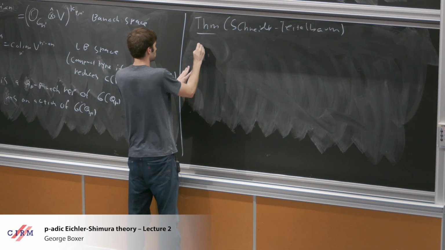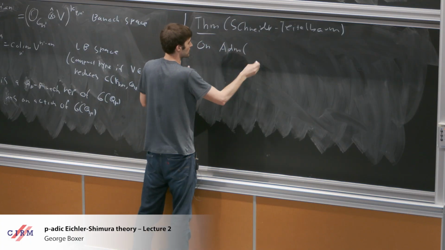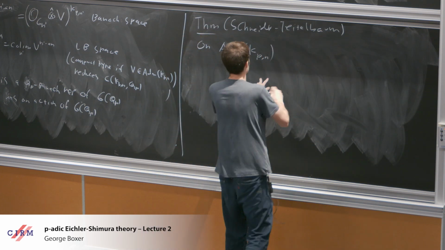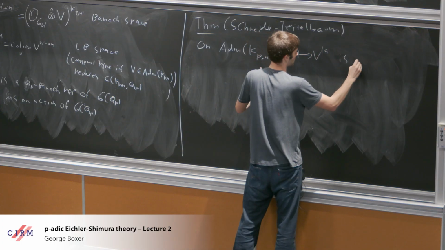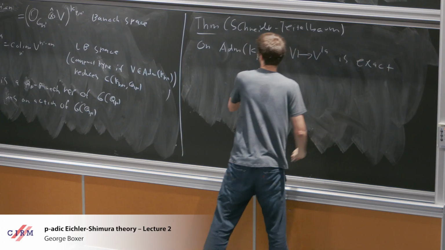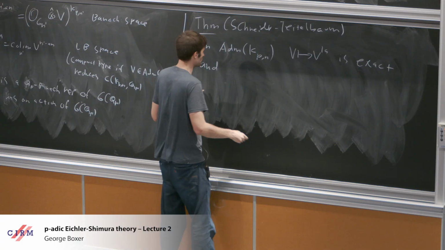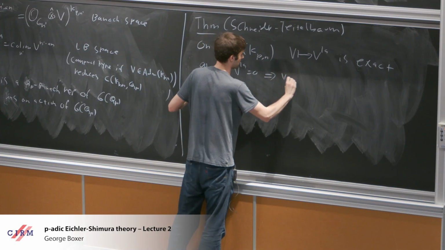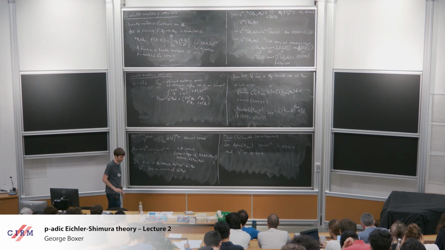On the category of admissible representations of Kpn, V mapping to V^LA is exact, and V^LA being 0 implies that V is 0. So locally analytic vectors kind of don't forget anything in some sense.